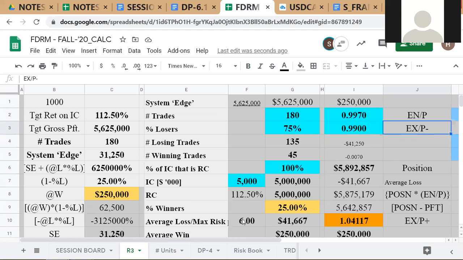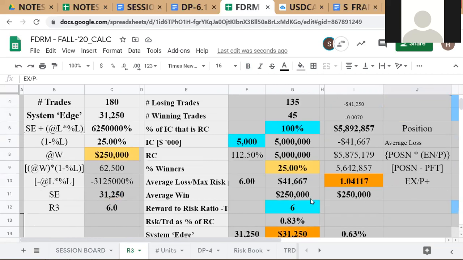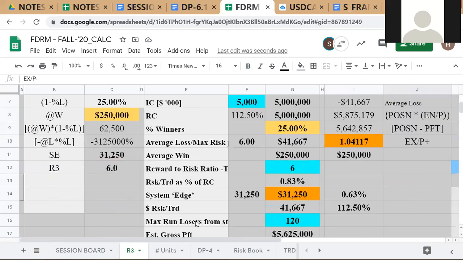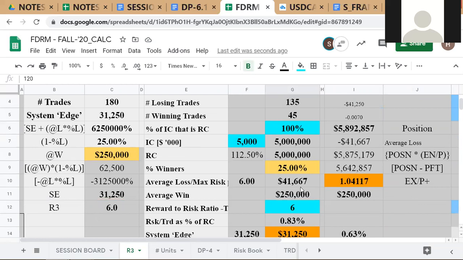Then we take the same parameters. Risk capital is 5 million. And total number of losing trades in a row, maximum run of losers from the start, is 120 trades. So we divide 5 million by 120, and we get average loss, maximum risk per trade, of 667.